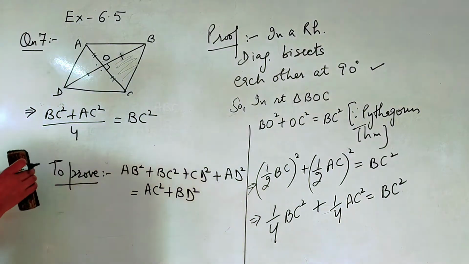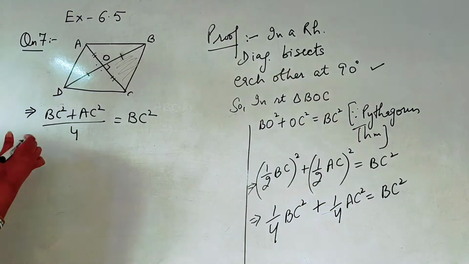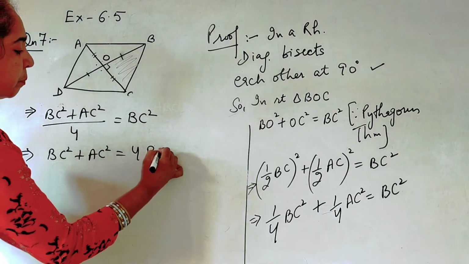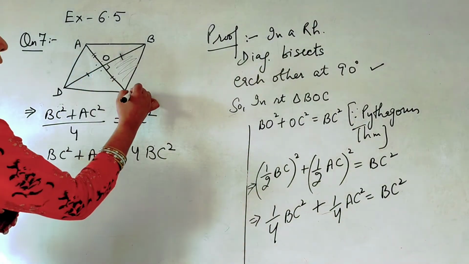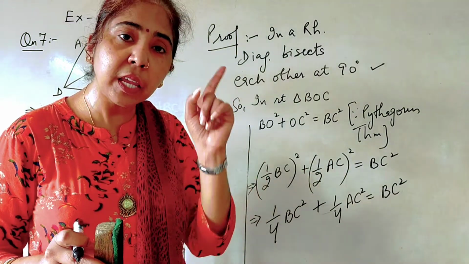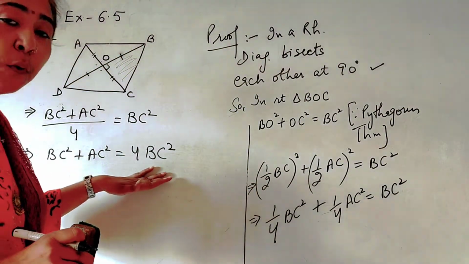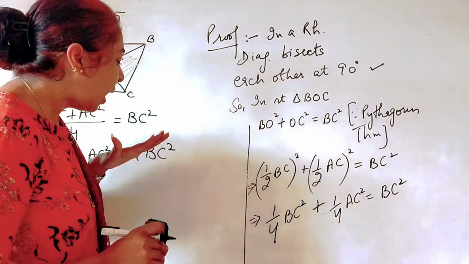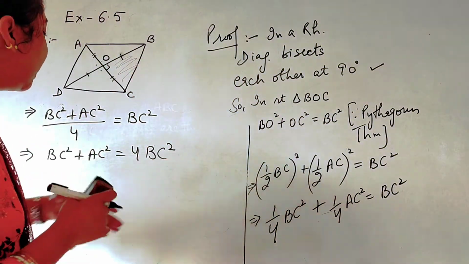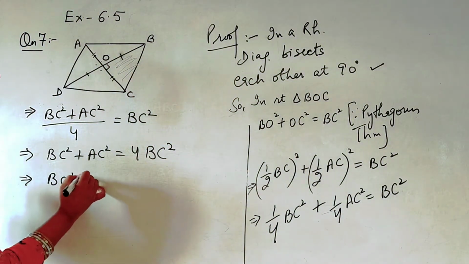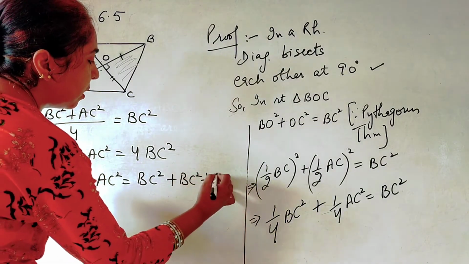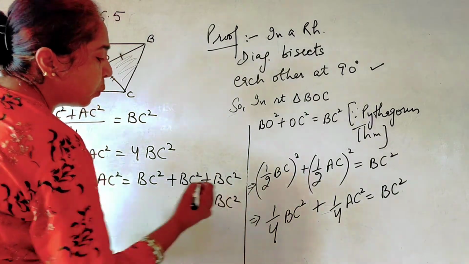Now take this 4 to the right hand side. So we get BD square plus AC square is 4 times BC square. Now one more property we have for the rhombus: all 4 sides are equal. So instead of writing 4 BC square, I can write it as BC square plus BC square plus BC square plus BC square.